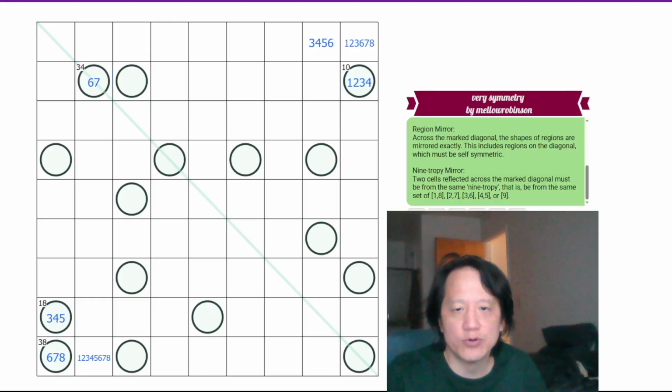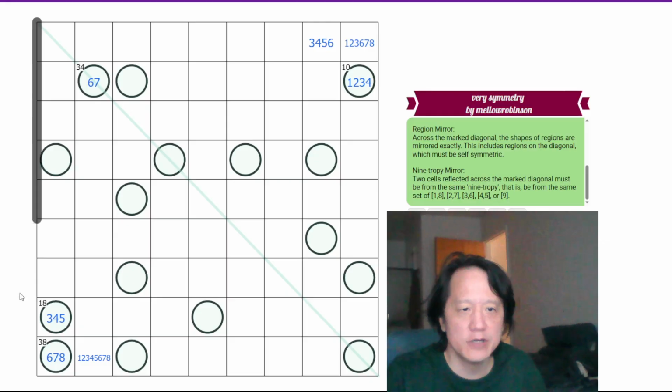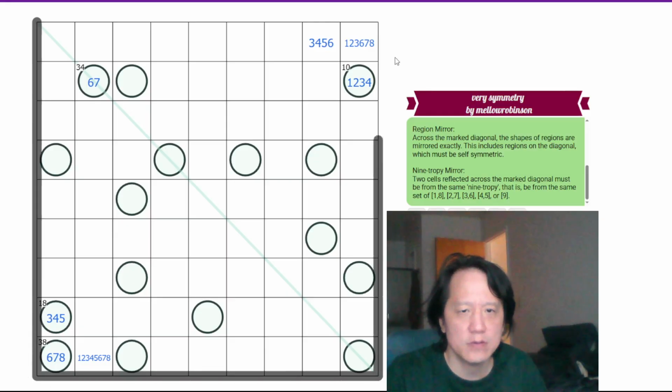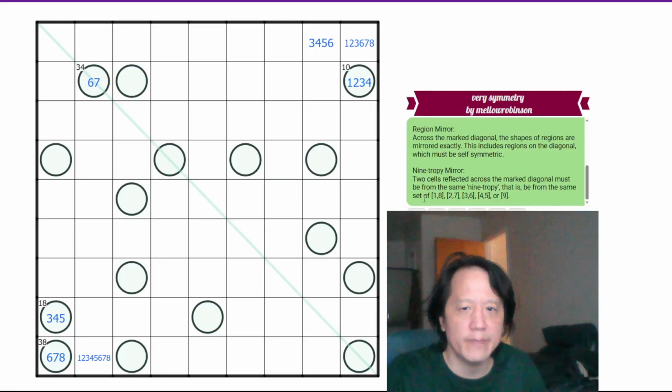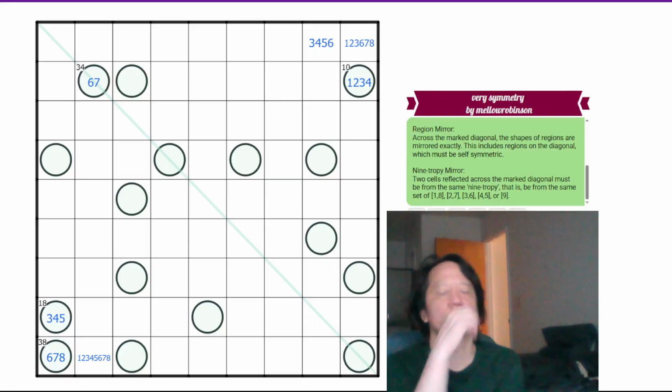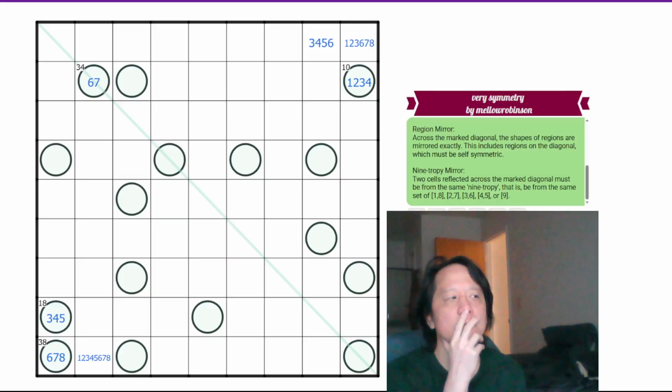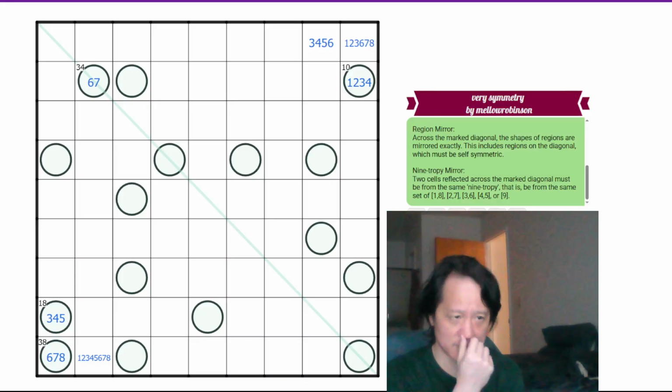Let's draw a border around the entire grid for now. It must be symmetric, though. If it must be symmetric, how do you see 6 cells?